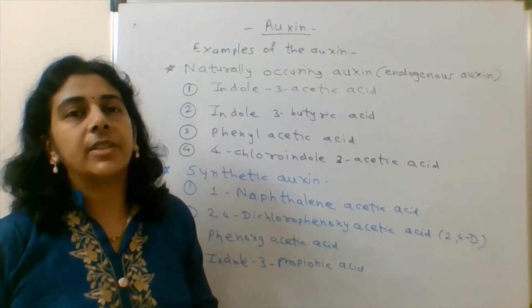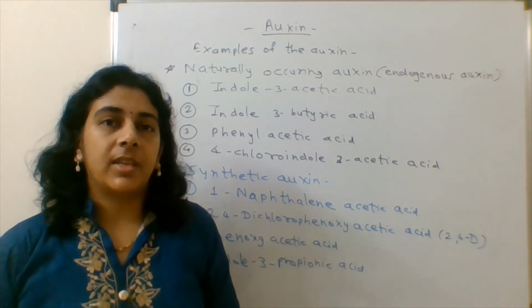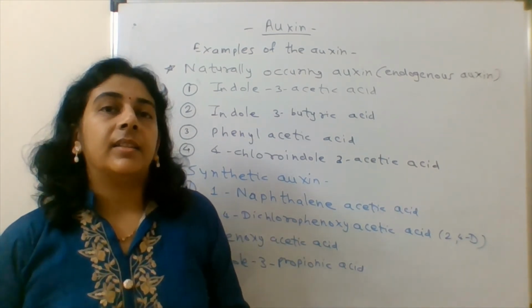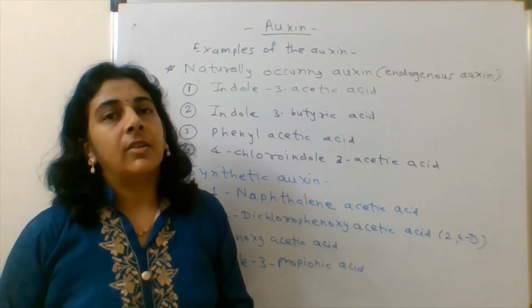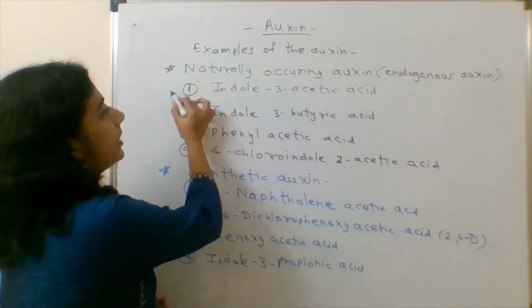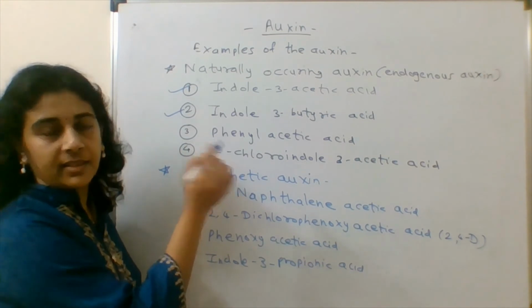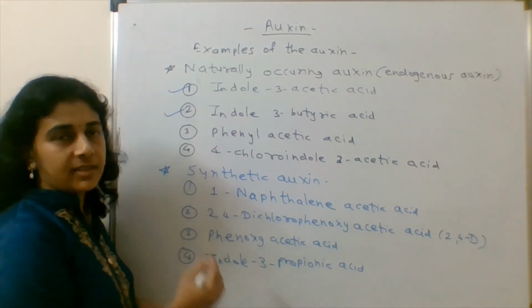Now in reference to our question, the question is from the MSQ section, multiple select question, and it is asking out of the following which are the auxin. In that question, the indole 3-acetic acid is given, indole 3-butyric acid is given, and 2 examples of auxin from synthetic auxin is given.